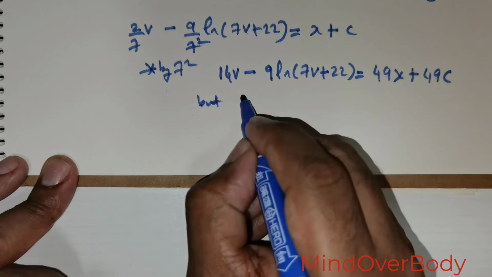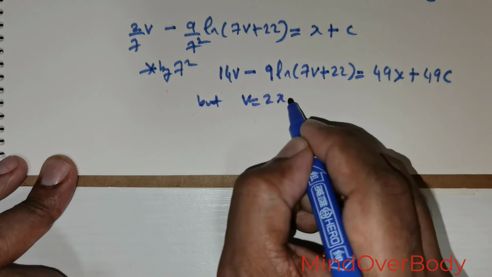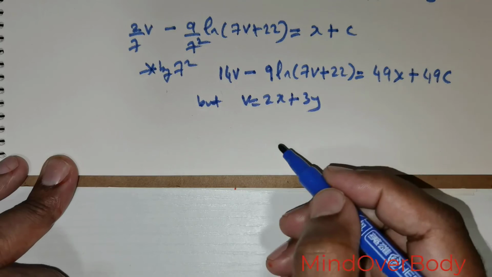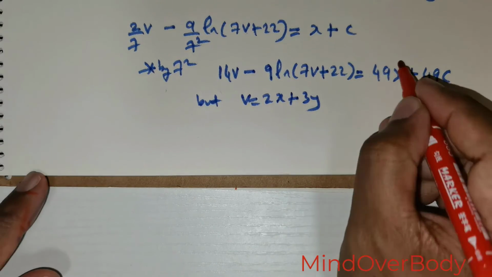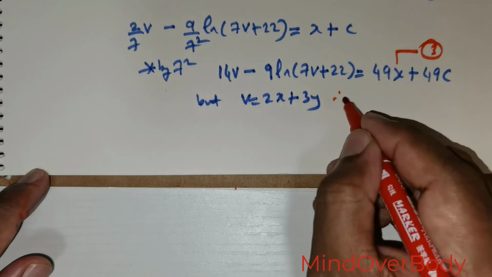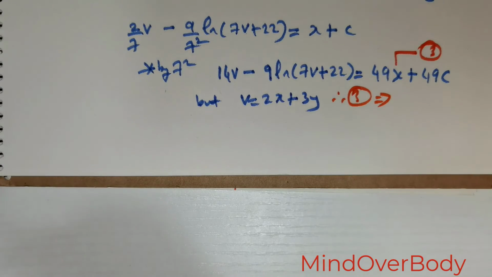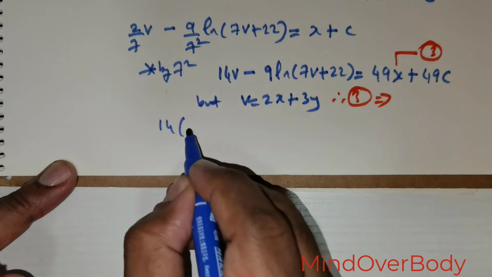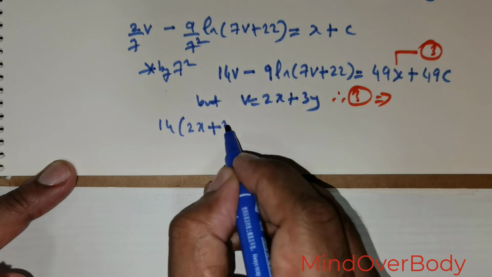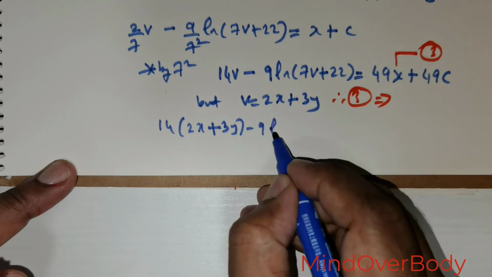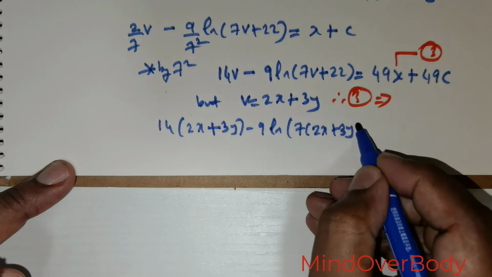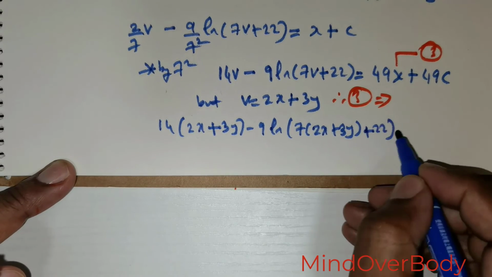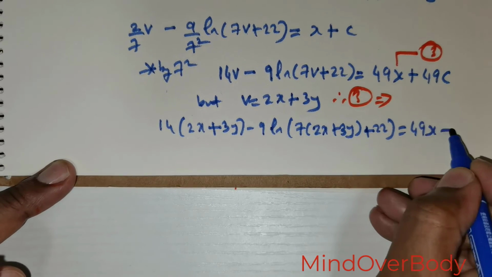But my v is 2x + 3y, right? So substitute it here. So it's going to be 14 of (2x + 3y) - 9 times ln of 7 times (2x + 3y) + 22. Of course the right hand side stays as it is.